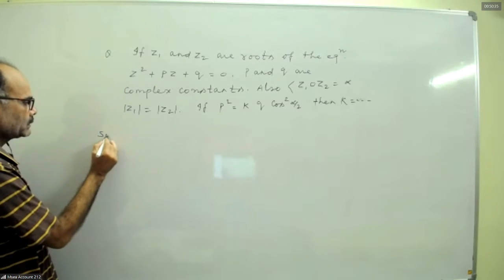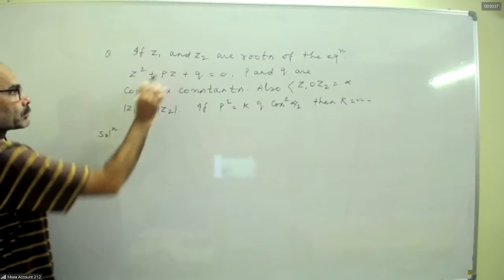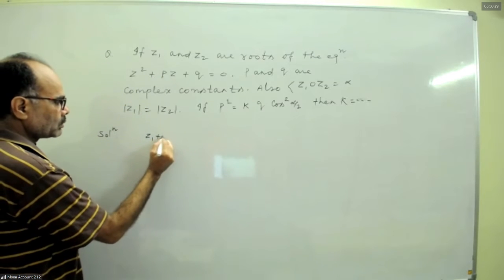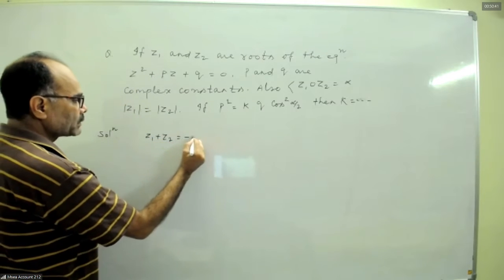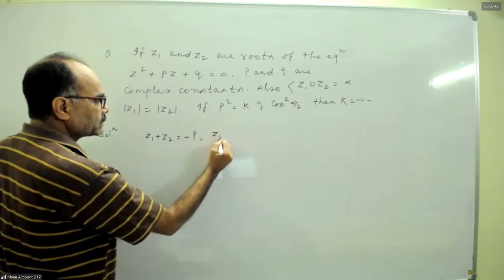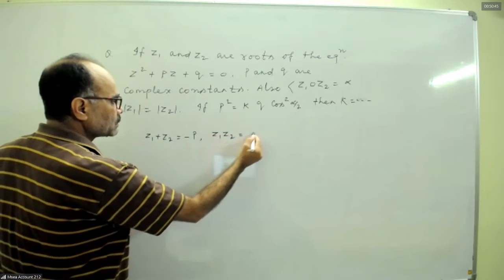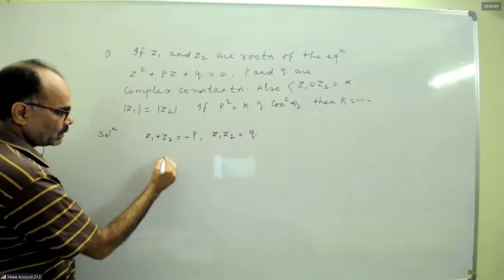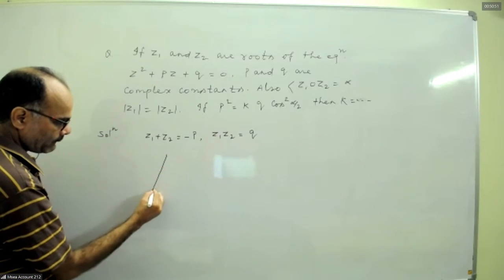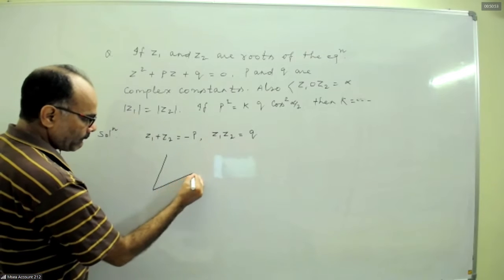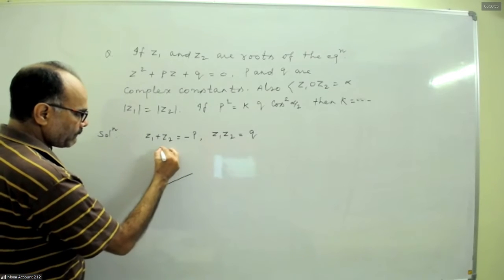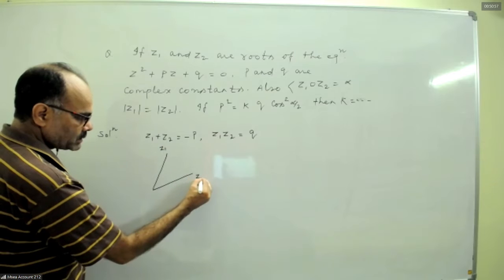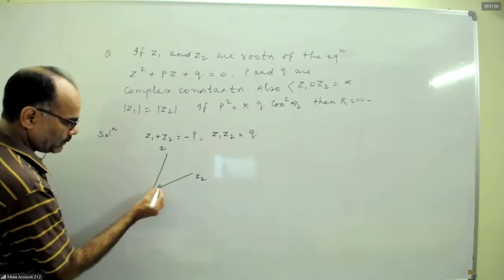See, first thing is, from here we have Z1 plus Z2 equals minus P, and Z1 Z2 equals Q. Sum of roots, product of the roots. Now applying rotation, you can take Z1 here, Z2 here, or Z2 here, Z1 here, anything.